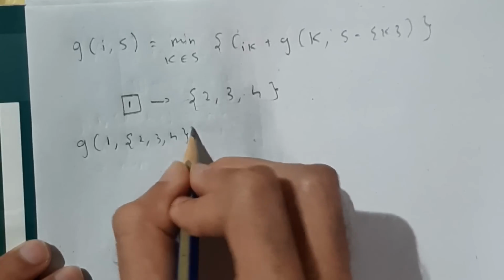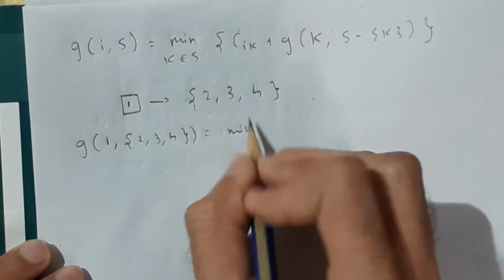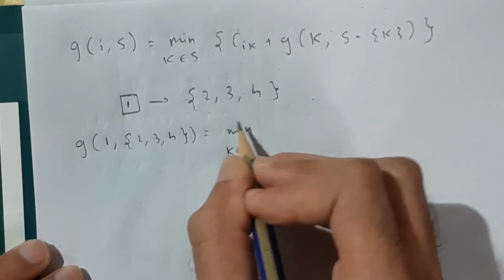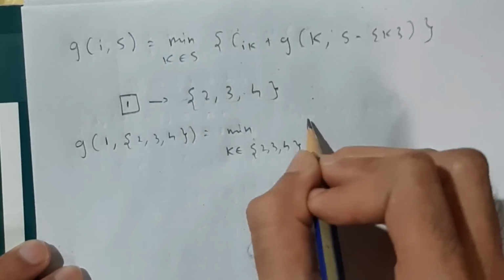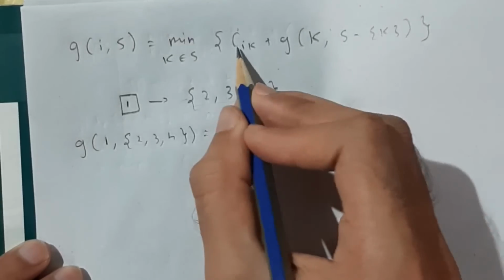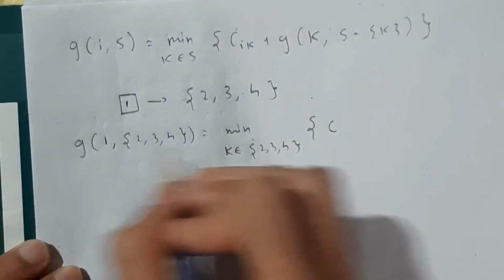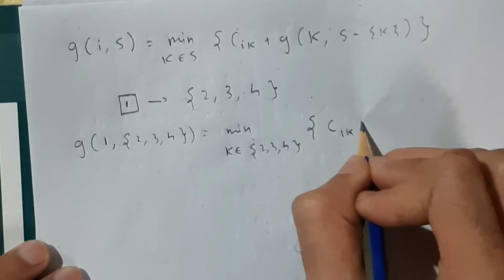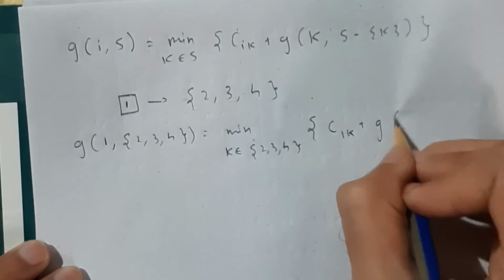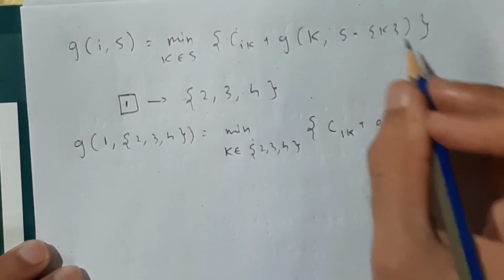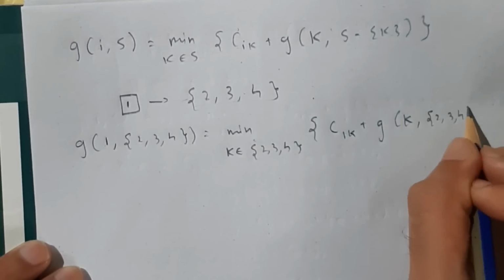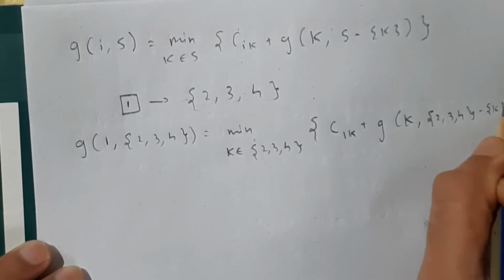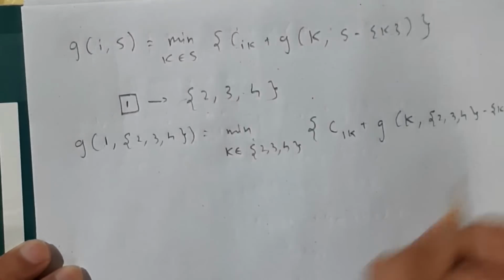Okay, and that is equal to minimum of k. K I will keep as such, and S is equal to 2, 3, 4, this set. And c of ik, what I have taken as i is 1, so c of 1k plus g of k comma S minus k. What is S? 2, 3, 4 minus k. Okay, so this is the formula.